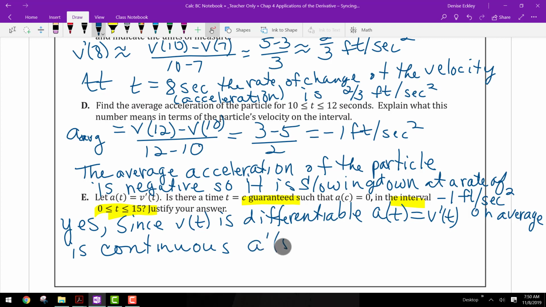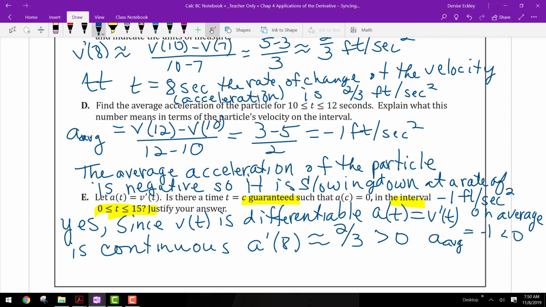A prime of 8 is approximately equal to 2/3 that we found above in part C, which is greater than 0. And the average acceleration over the whole interval is equal to -1, which is less than 0.